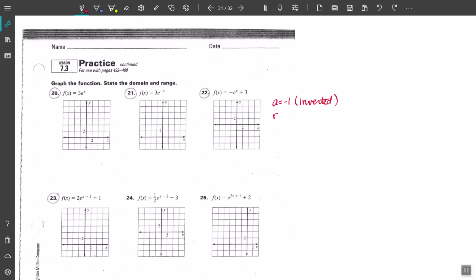So you'll see, I'm going to go ahead and erase that. But we do need to consider this asymptote here of +3. So I'm going to put that in just to guide us. It just lets us know where we need to stop our function. And then I'm going to plot in 0 and 1 again.